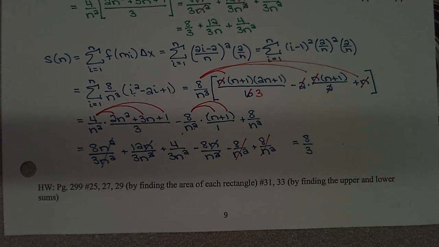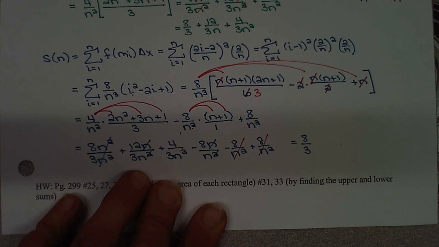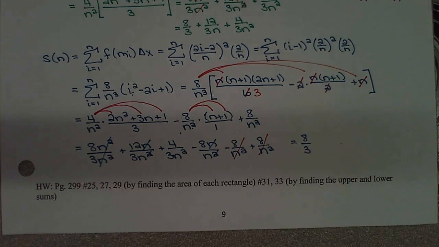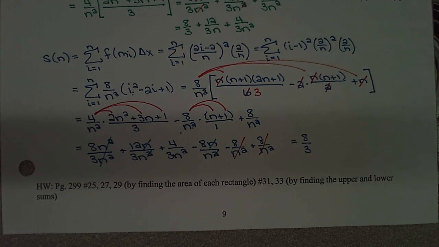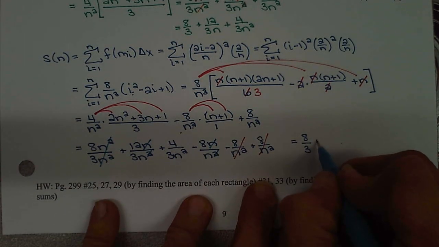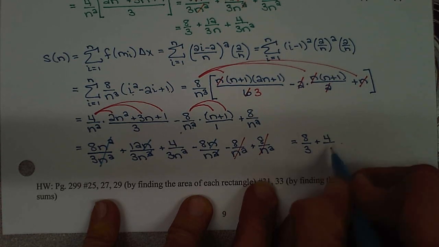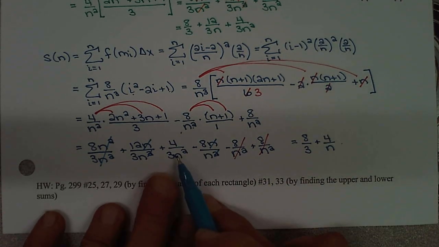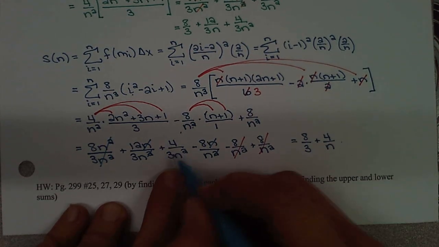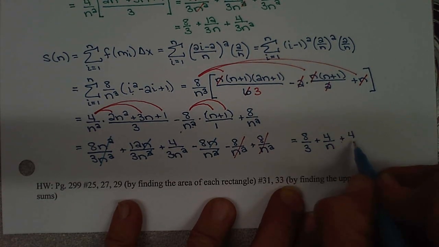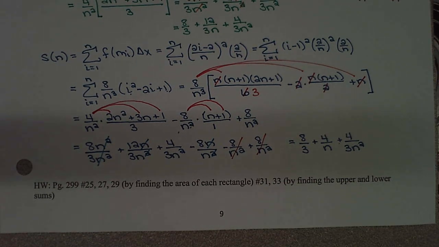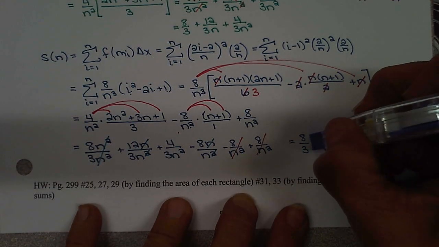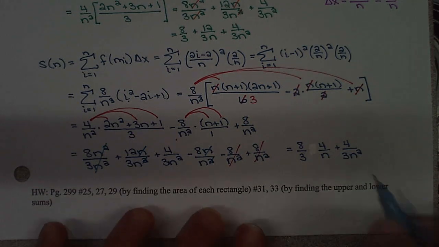That's going to end up giving us a 4 over n. And then this last one here, I have a plus 4 over 3n squared. Oh, and scratch that real quick. This plus 4n actually is supposed to be a minus 4n. Sorry about that. Fix that real quick.